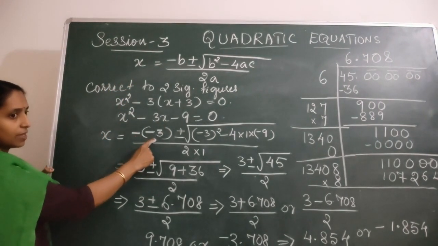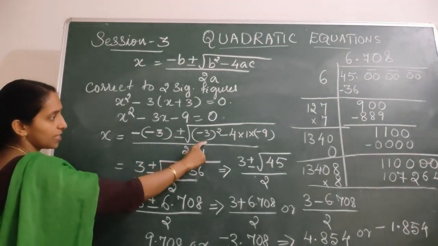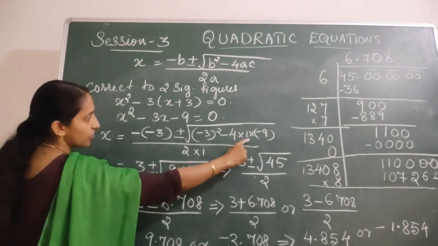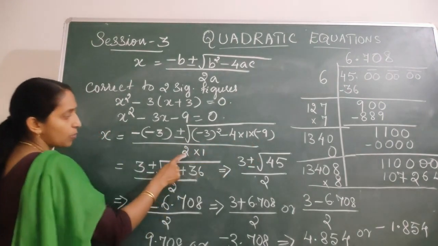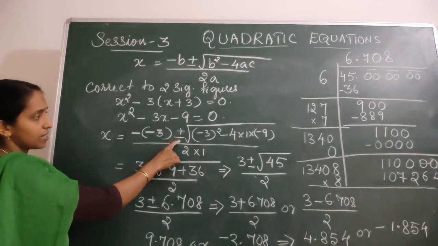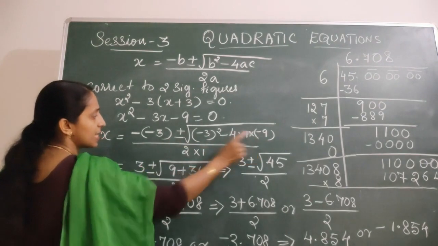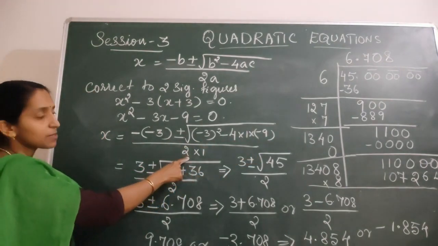Minus B plus or minus under root B square minus 4AC upon 2A. Substituted.